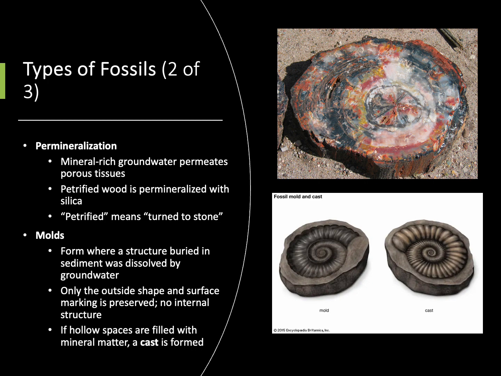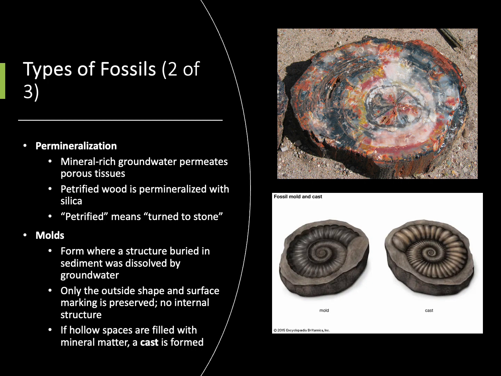And this happens whenever we have an organism that gets buried inside of the sediment. And the sediment is going to take on the outside shape and area of whatever fell inside of the sediment. We're not going to actually see that the organism itself is going to be preserved. We're just going to get an idea of what the outside looked like.